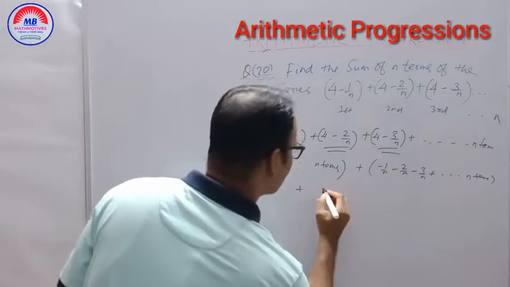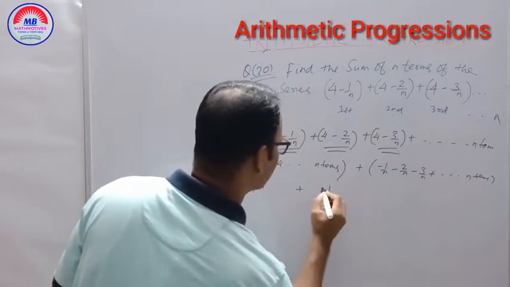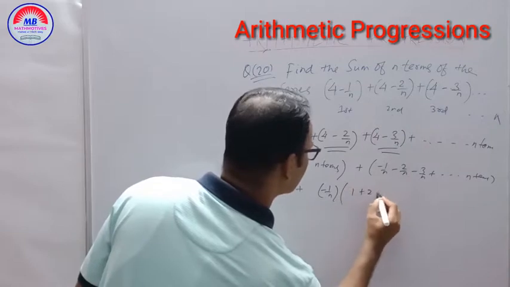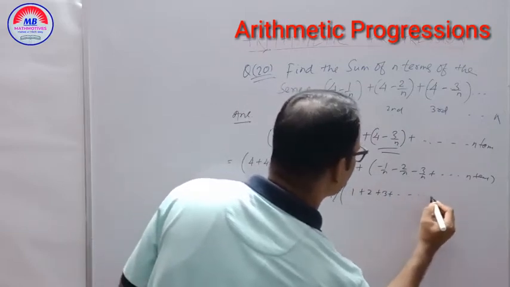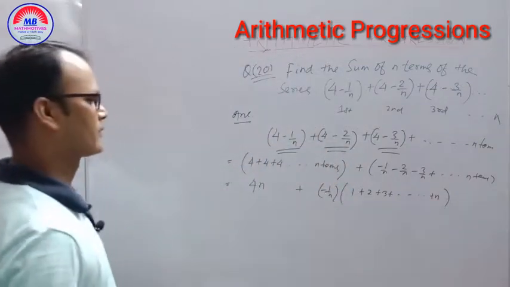Plus, here we can take minus 1 by n common. It will be 1 plus 2 plus 3 up to n. Okay, clear?